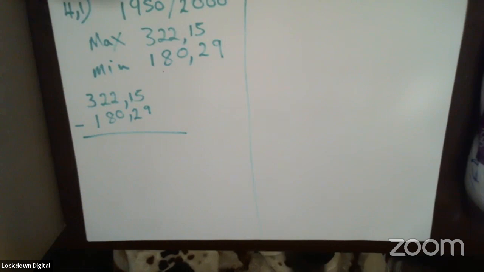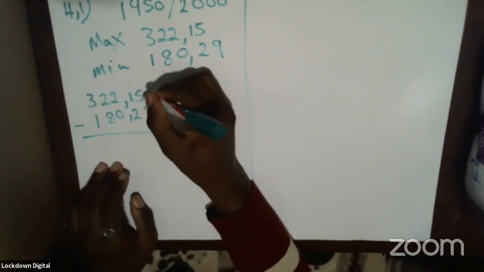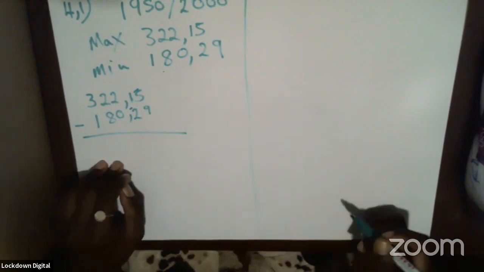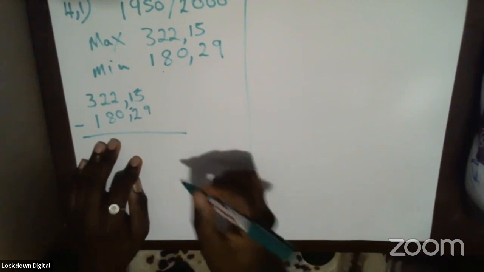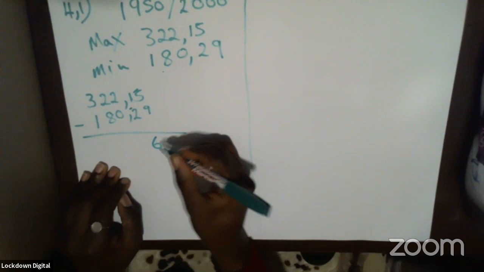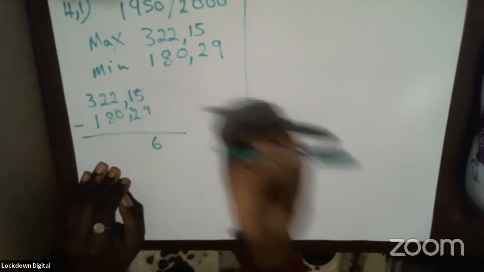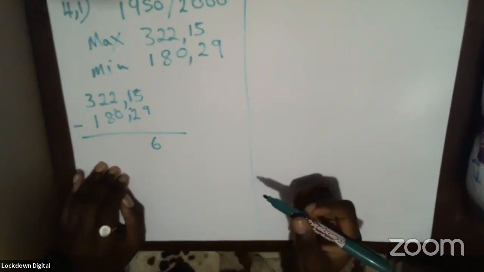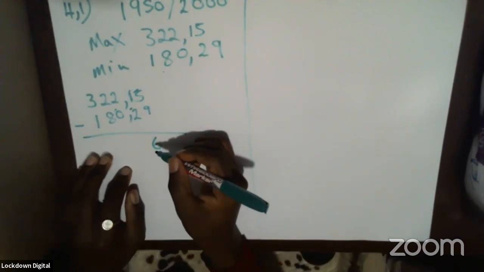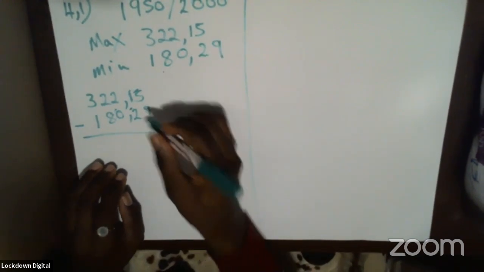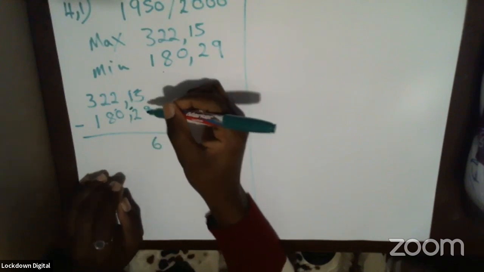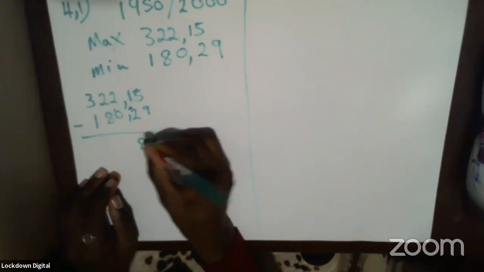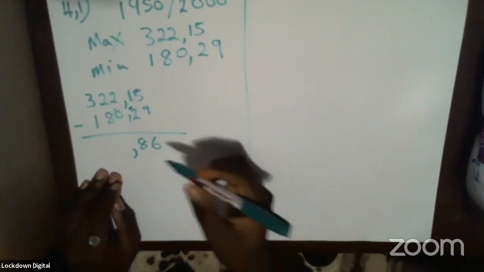Okay, so here we have 15 minus 9, that will give us 6 here. Then you carry 1 there. 11 minus 3, we have 8. Okay.